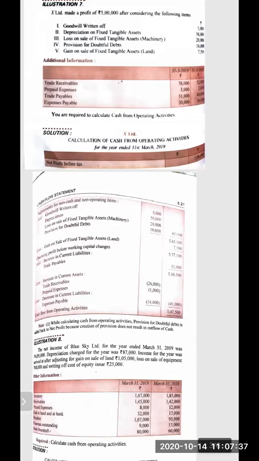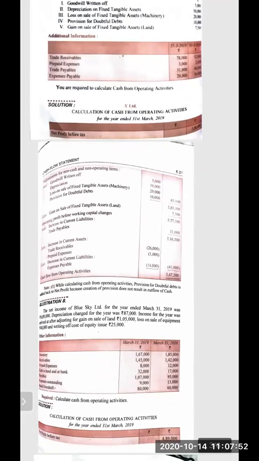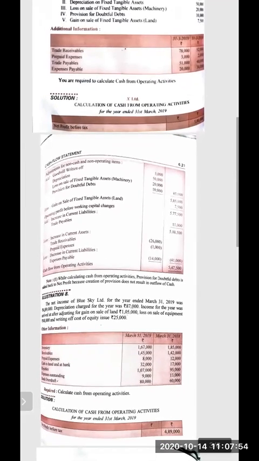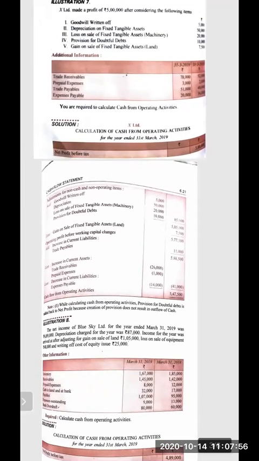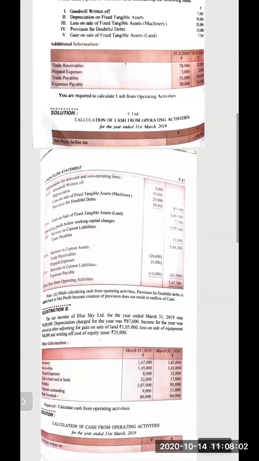As per those rules, as per those basic concepts, these are the items. If you still have any doubt why this item is to be added, you can ask in the query session. Please note down your query and you can ask them. Then deduct the gain on sale of fixed tangible assets. After that, we will get the operating profit before working capital changes.